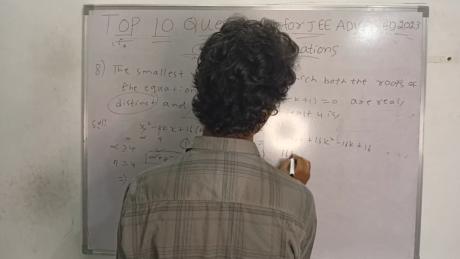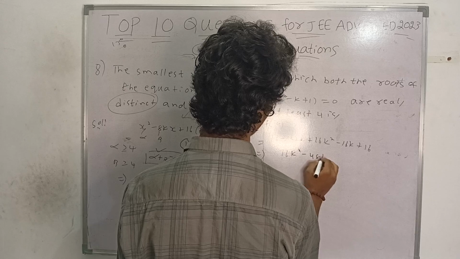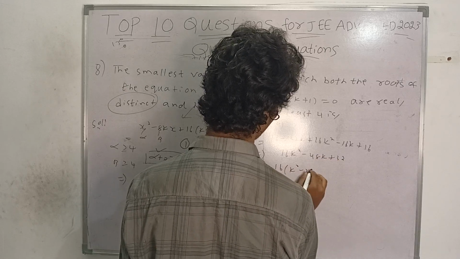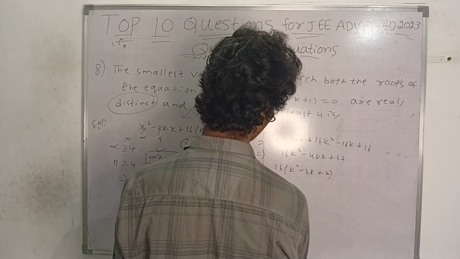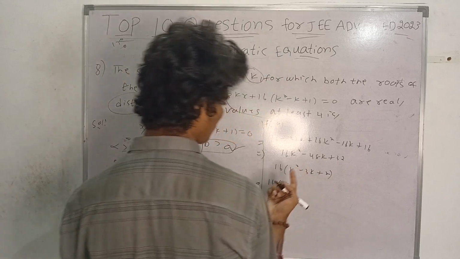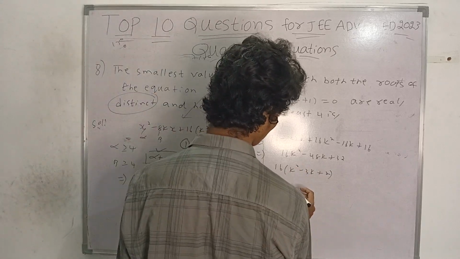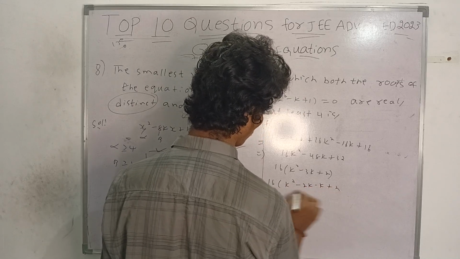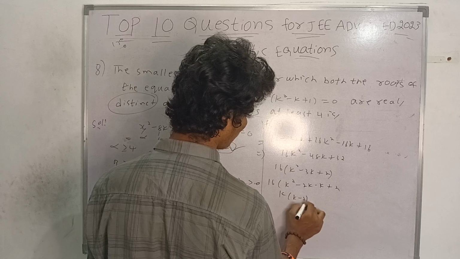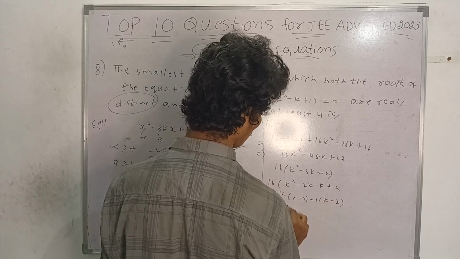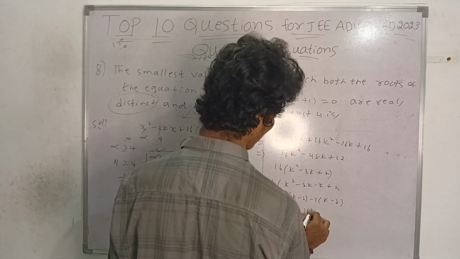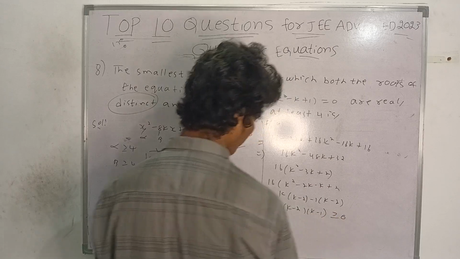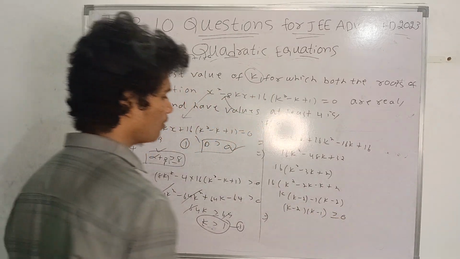What I will get? 16k square minus 48k plus 32. 16 if you take common, k square minus 3k plus 2. 16 into k square minus 2k minus k plus 2, k common, k minus 2, minus 1 common, k minus 2, k minus 2 common, k minus 1. It is greater than or equal to 0.